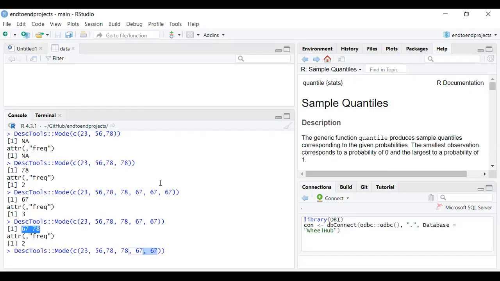Okay. So in these cases 3 times. So that's why it is dominated and we didn't get 78, but we'll get the frequency, meaning how many times. So 3 times 67 is there. In the case of 78, 2 times, a single value 2 times we got it, but in this case there are 2. Why are there 2? Because here 2 and here 2. So it's a frequency value.